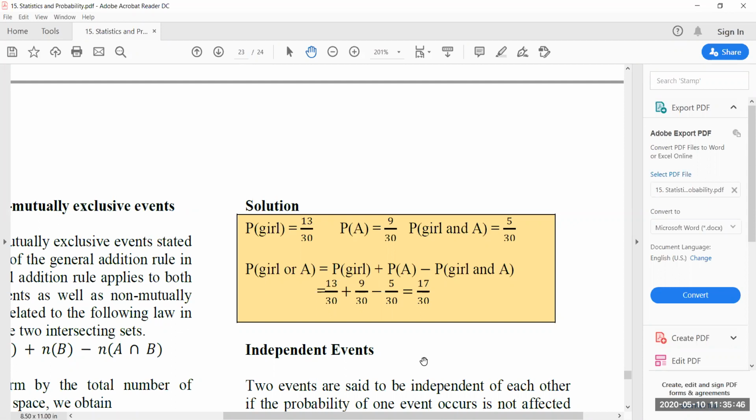So the probability of a girl or an A grade will be the probability of a girl, which is 13 out of 30, plus the probability of getting an A, which is 9 out of the 30, and from that we take away the probability of a girl getting an A, which is 5 out of 30, thereby allowing us to obtain our answer of 17 out of 30.